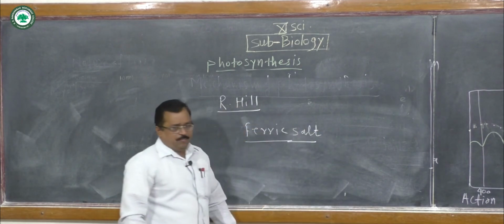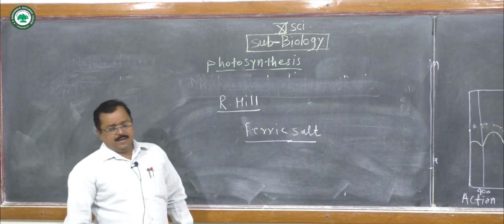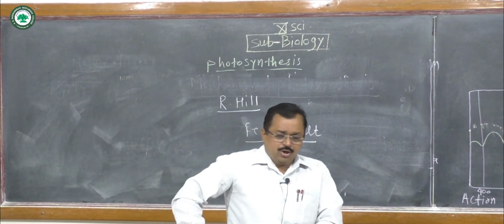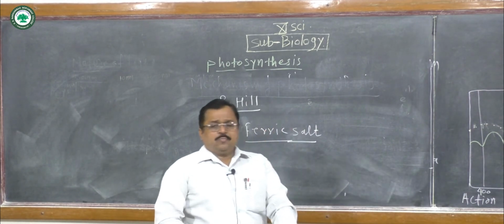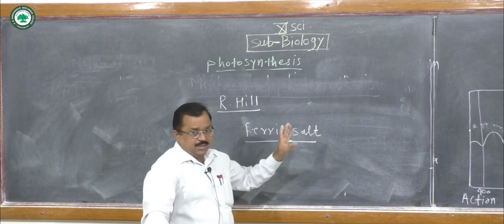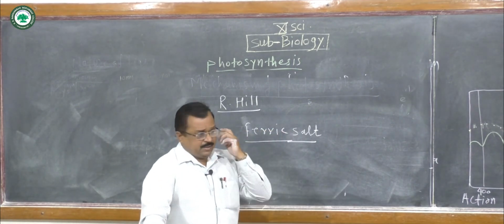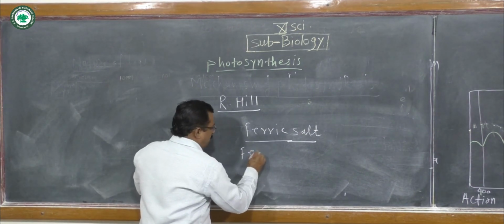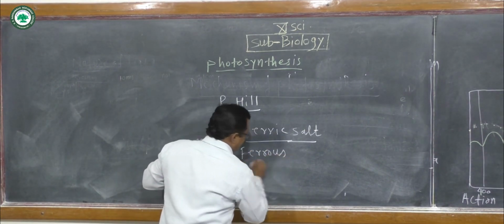He isolated the chloroplasts and took them in a conical flask with water instead of CO2 and kept this in sunlight. Then he found that the ferric got converted into ferrous.